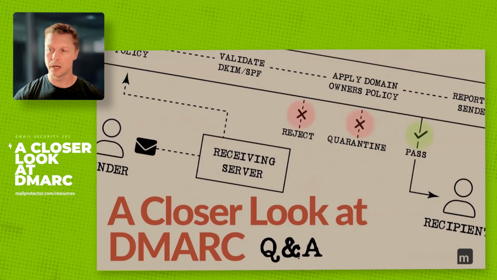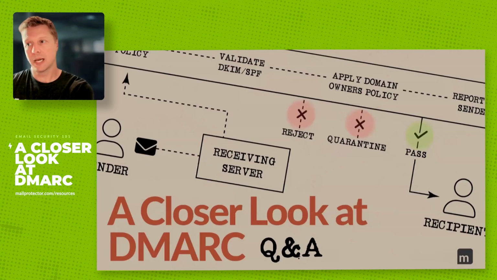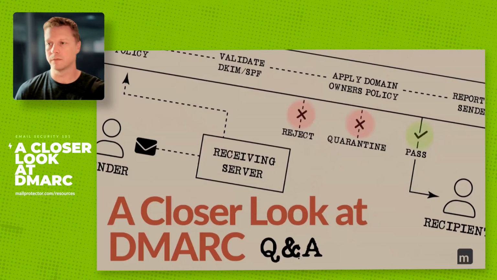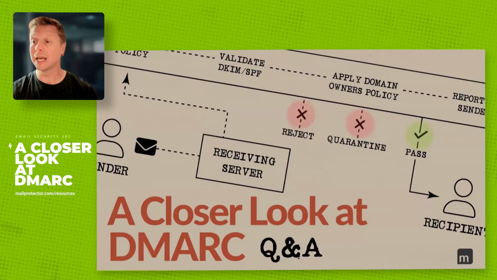Often the way Microsoft sends those messages, they go out directly from 365's infrastructure. They don't actually pass through the Exchange Online connectors. So for that reason, you have to account for 365 still being the source of messages, not just Mailprotector's relay. So yes, it is important to include both 365 and Mailprotector's include statement.